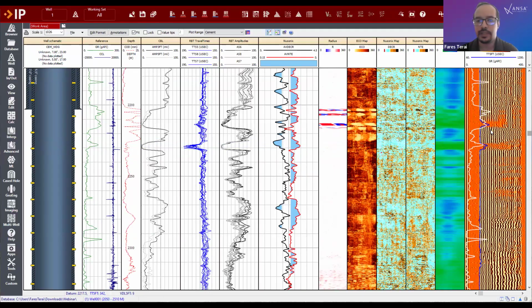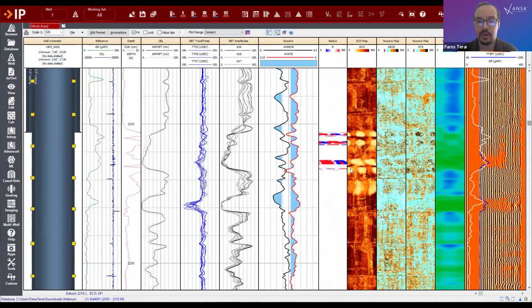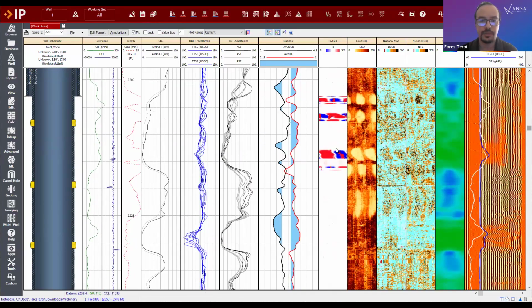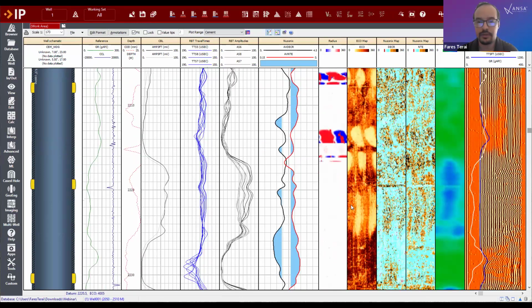But when you look closely, and when looking at the radius map and at the echo map as well, right below the shoe, we do have some buckling patterns, potentially, and some other features are introduced by this buckling, because the centralizers of the tool will first enter that buckling, and then it kind of decentralizes the tool, and it gives some, I would say, echoes of the main feature.